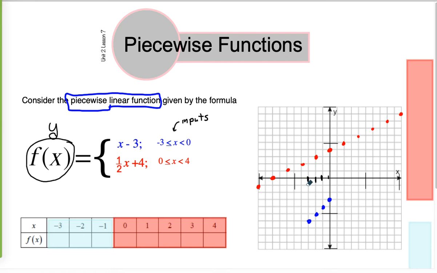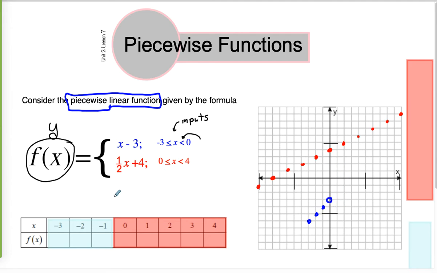Hopefully, if you're paying attention, and you have to, this does not have an equal sign. So that means this last blue dot here on 0 is really going to be open.